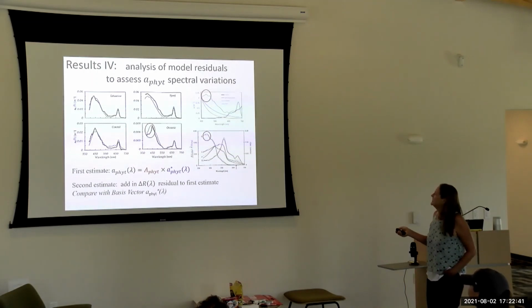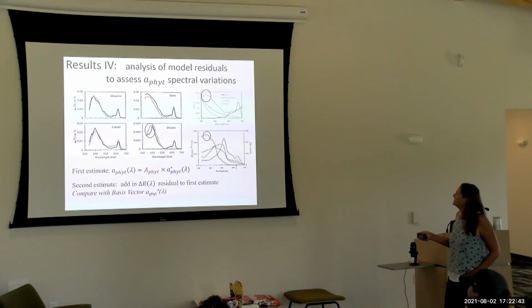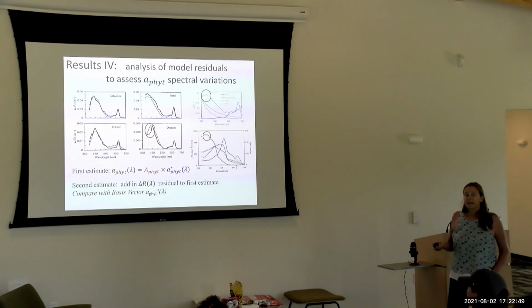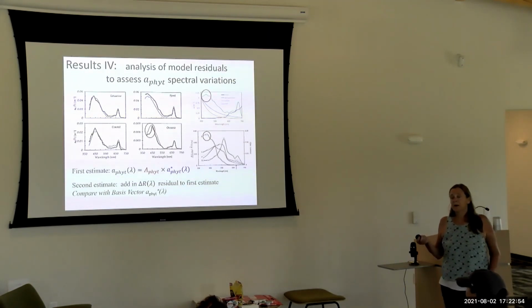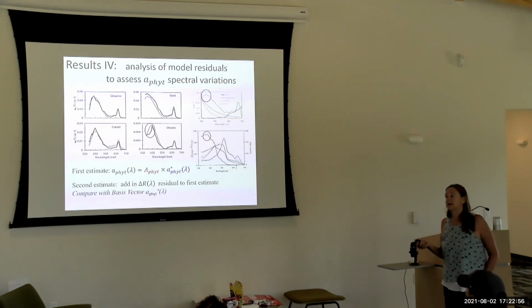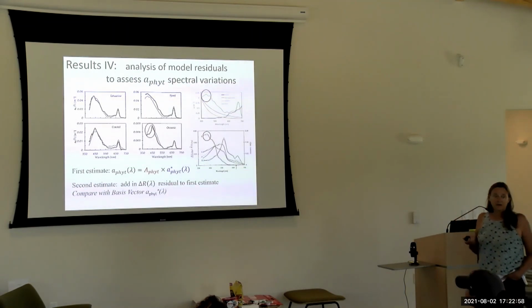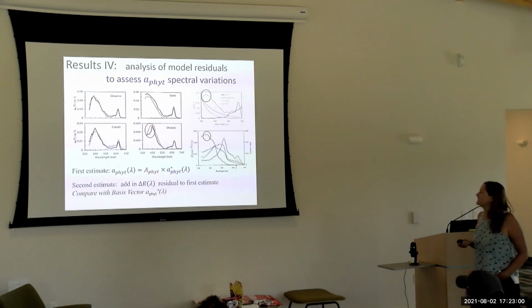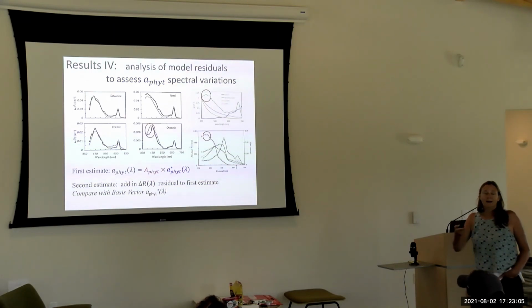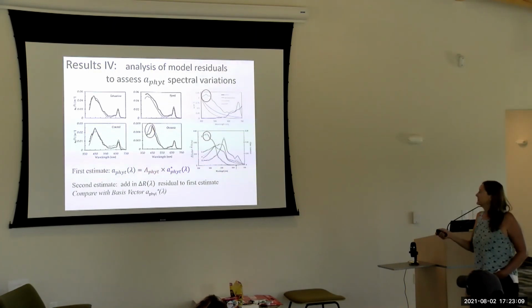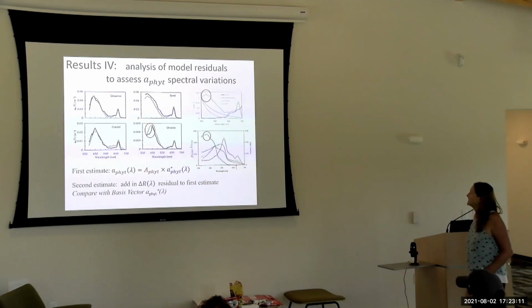What that said to me was that where there's a residual, the features contain information that's useful. If you look at it spectrally, it can tell you something about pigments that were in your model or missing from your model. So you can get something closer to spectral variability in absorption. Or, more importantly, moving forward, you can add more phytoplankton components to the model to do a better job at reconstructing those various parts of the spectrum.